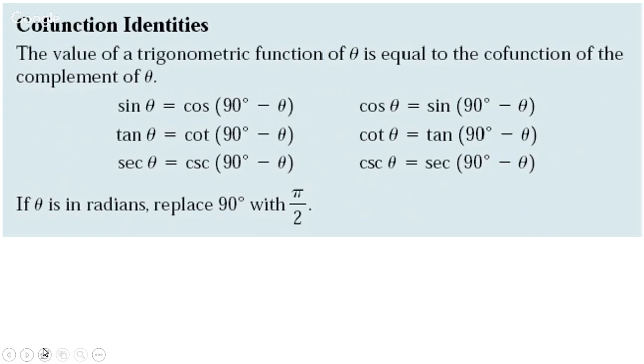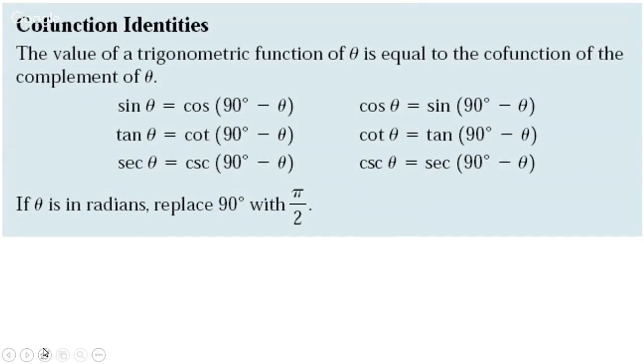We can also do this in radians, where instead of 90 degrees we have pi over 2. So for sine and cosine, the angles differ by 90 degrees, and then I'll have the same value. So if I have sine theta equals cosine of 90 minus that theta, then it'll give me the same value.